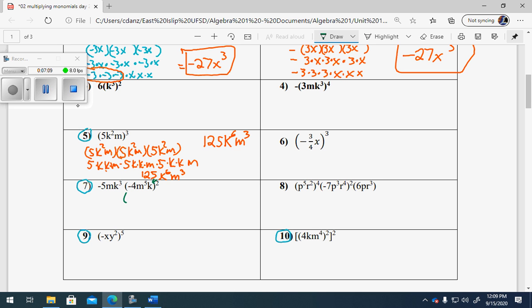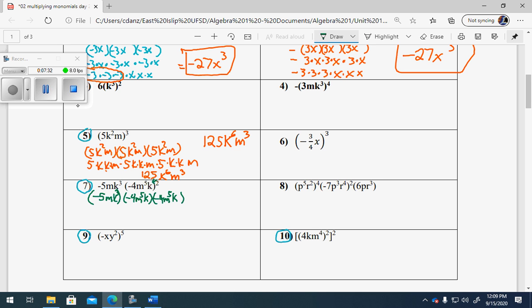I have to write these parentheses out twice. And those parentheses are being multiplied by this negative 5m k to the 3rd. I could put that in parentheses too, or I don't have to. Really, all of this is being multiplied.